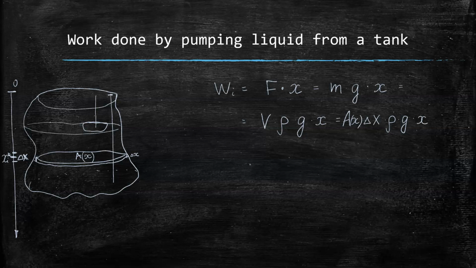But once you understand the area of the cross section, you know how to find the work done to pump a single layer. Now the total work can be approximated by the sum of raising n layers, so it will be this.